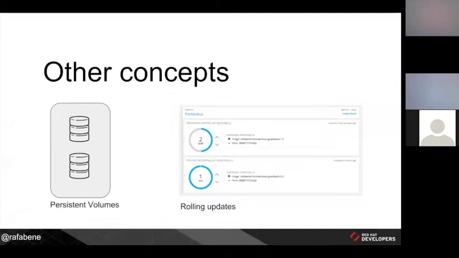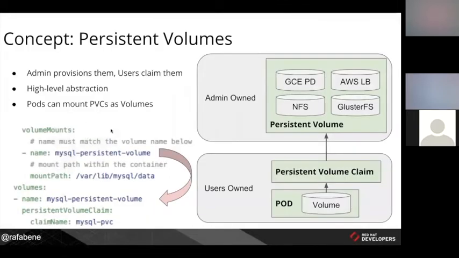So some other concepts before we see it hands-on. What about persistent volumes and rolling updates? Persistent volumes are how you store data outside the container. But let's think for a moment. In a cluster, some companies or some sysadmins can decide to store the data on a Google Cloud Engine persistent disk, or using a Gluster file system or an NFS volume.